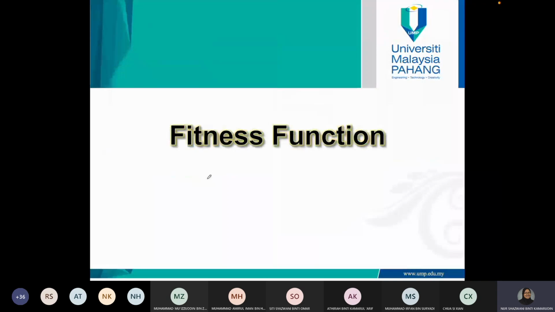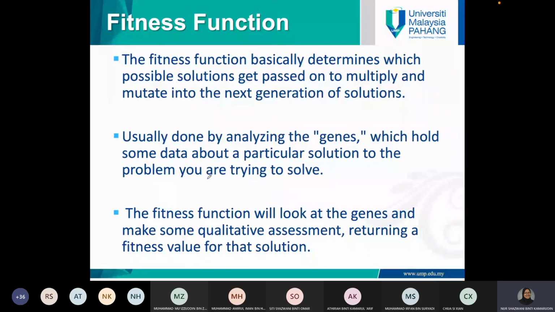So what is actually the fitness function? The fitness function is what we use to calculate the fitness value of each chromosome. It determines which possible solutions get passed on to multiply and mutate into the next generation of solutions. Normally we do it by analyzing the genes, which hold some data about a particular solution to the problem you are trying to solve.